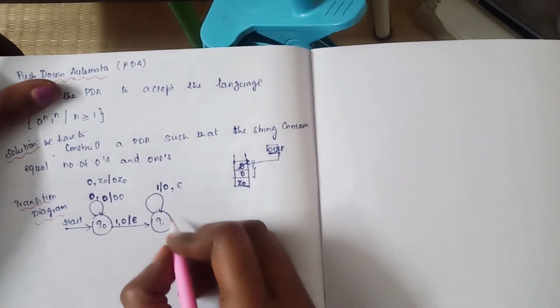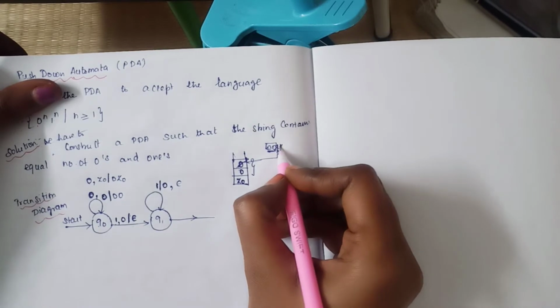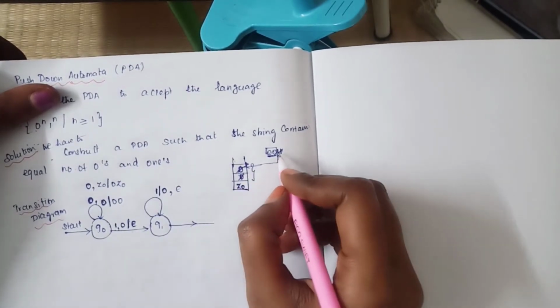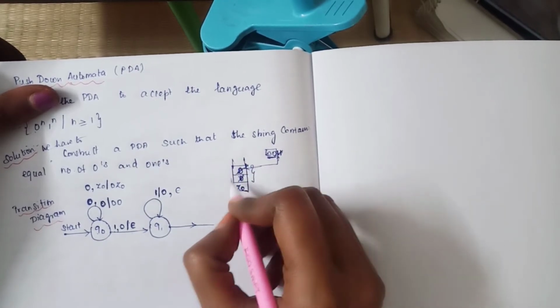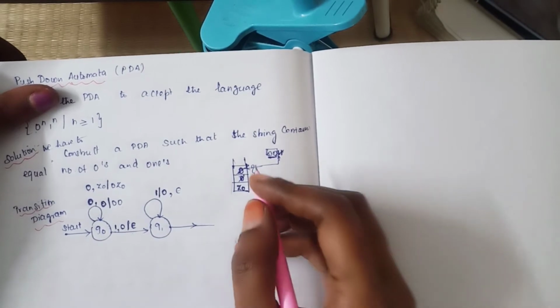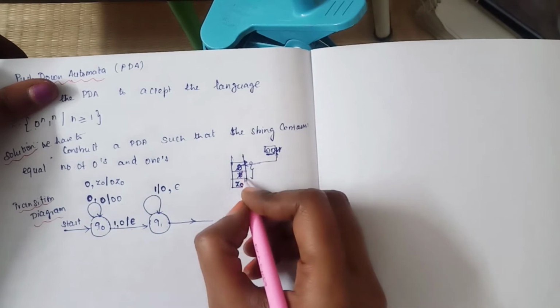So this is the way you have to write. For this 1 it is also cancelled. For each and every equivalent 1 and 0, it has to be cancelled. This is the way the PDA is working.